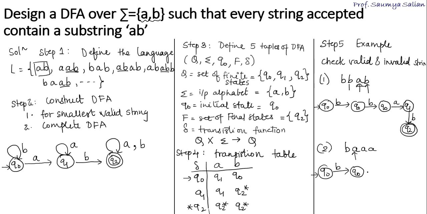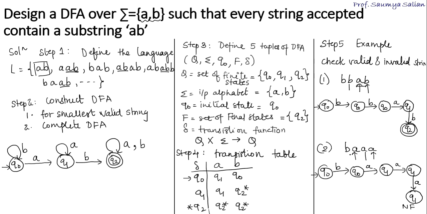Next input is A. Q0 on A goes to Q1. Next input A. Q1 on A is in Q1 itself. Last input, Q1 on A is stuck in Q1 state. So this is a non-final state.